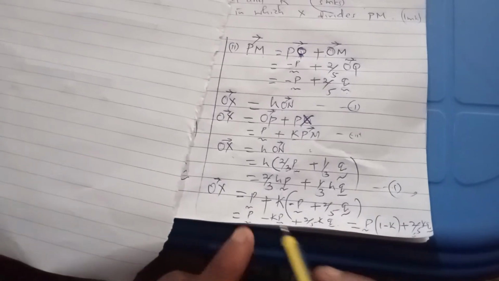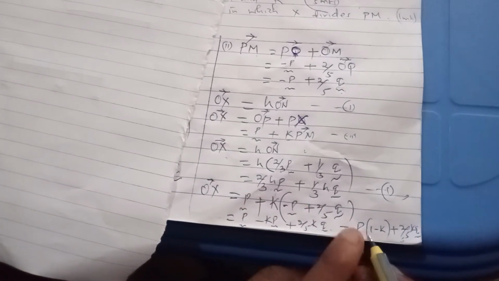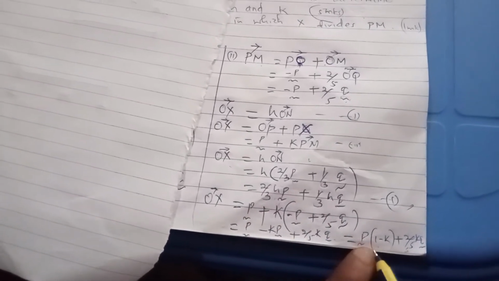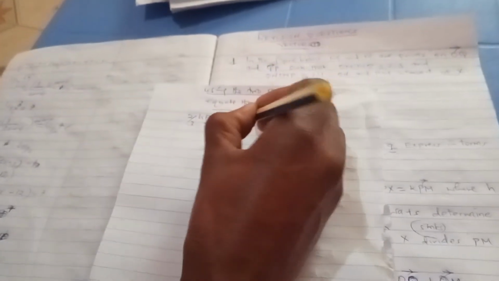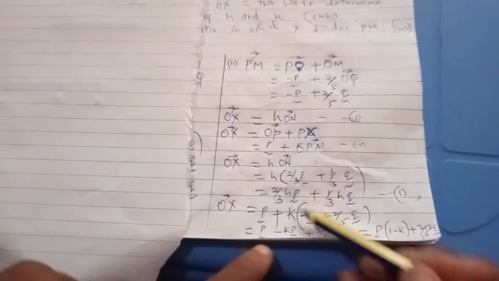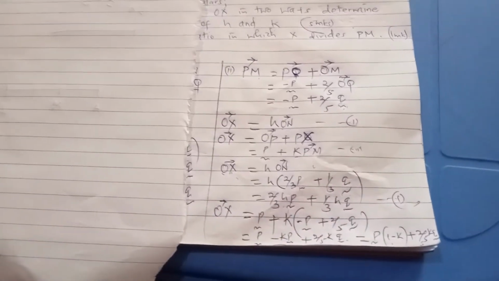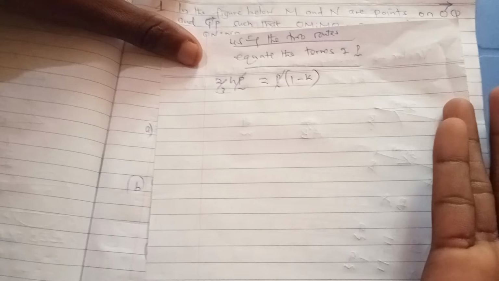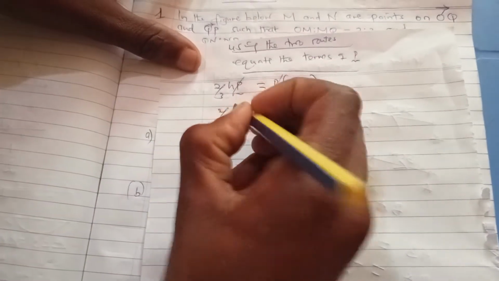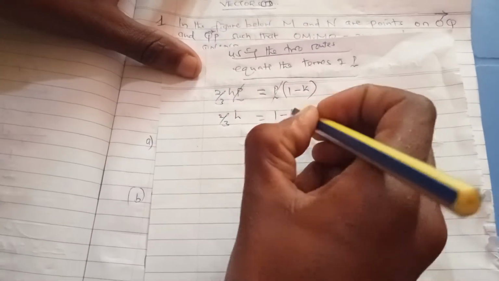It is the same as the terms of p in the second root, which is p into 1 minus k. I've just equated the terms of p in the first root and the second root, because OX is the same as OX. So p will cancel with this p, so that will be 2 all over 3h is equal to 1 minus k.